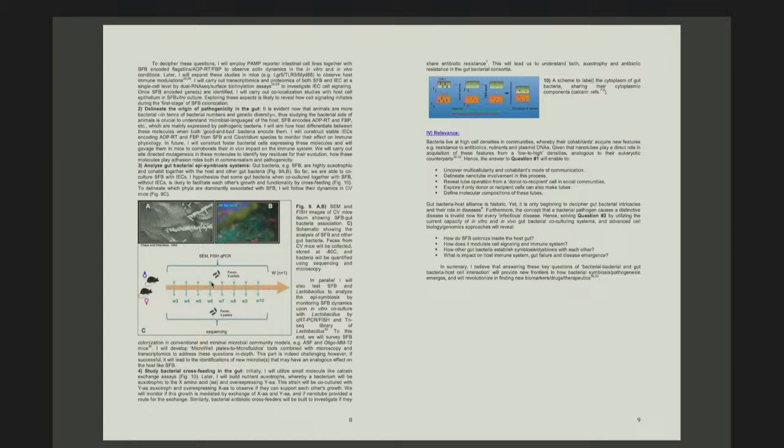So how did you maintain the gnotobiotic mice? In a germ-free facility. But in India, I don't think there are more than one or two centers in Hyderabad; it is prohibitively expensive. Half of the research money in India goes to maintenance.